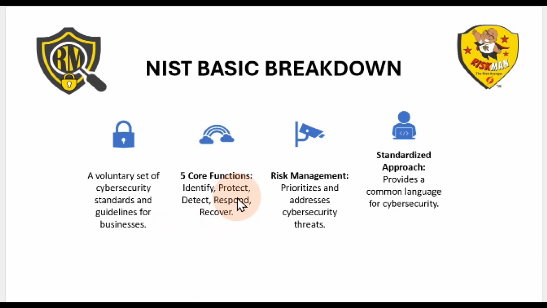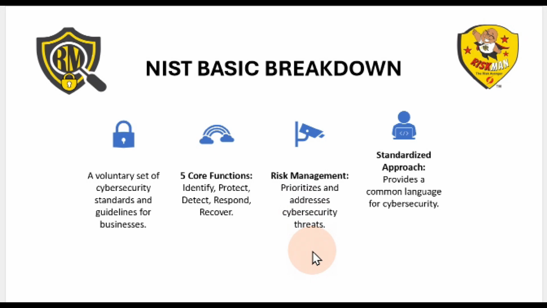But for NIST, there's 5 core functions, and these haven't changed. So you've got identify, protect, detect, respond, and recover. And we're going to go into each one of those as to what they do. As far as risk management goes, it prioritizes and addresses cybersecurity threats.